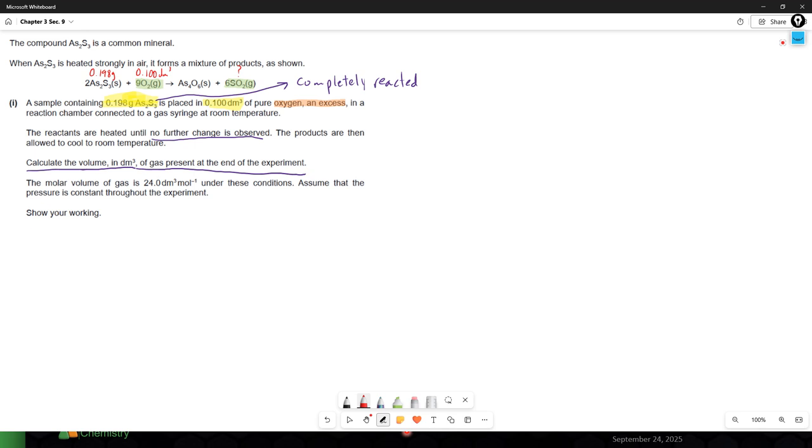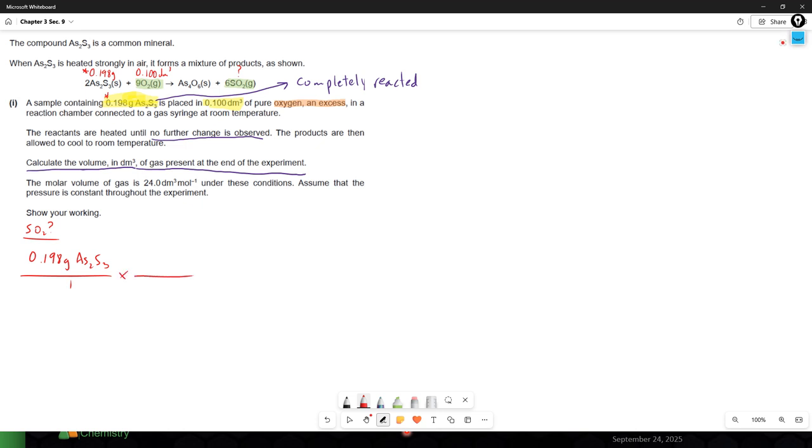So we know we are going to use all of these 0.198 grams of As2S3. Whenever we have a limiting reagent problem, we always want to use the number of that limiting reagent to do all our calculations, because we know that that is completely used up. So we're going to first calculate the SO2 amount. We'll put SO2 question mark here, and we'll do this in red. So we have 0.198 grams of As2S3.